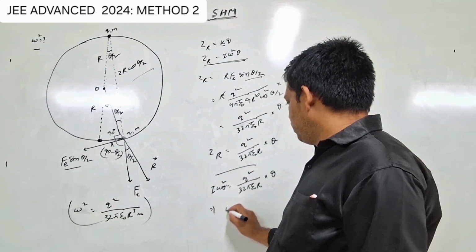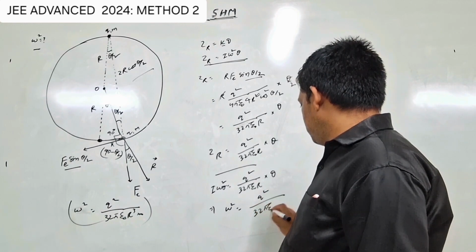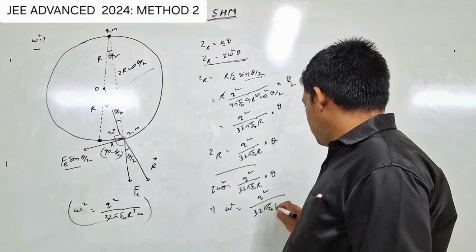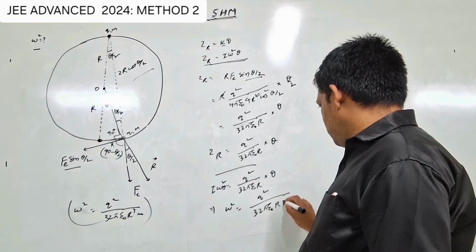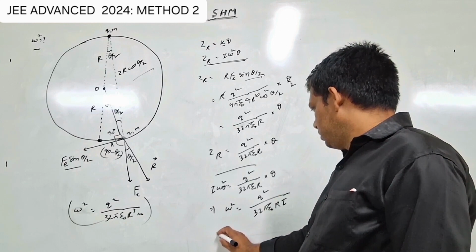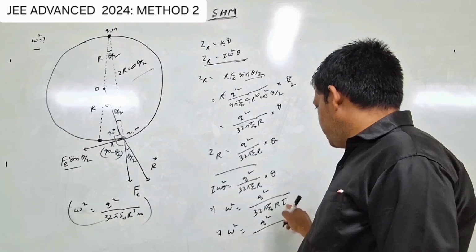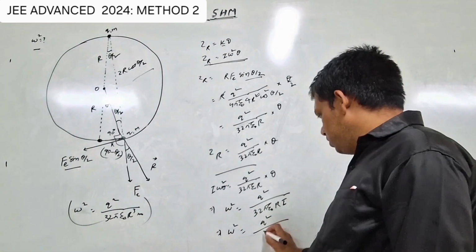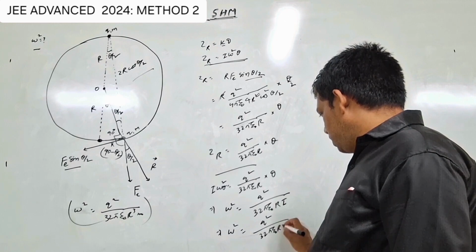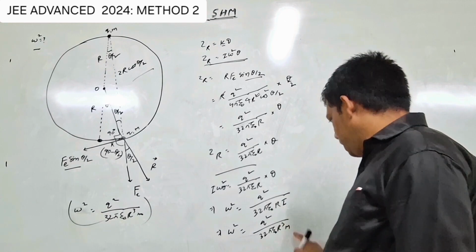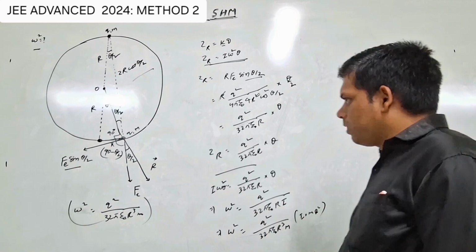Therefore, omega square is equal to q square upon 32 pi epsilon naught R I. Omega square is equal to q square upon 32 pi epsilon naught R cube into m r square, where I is equal to m r square.